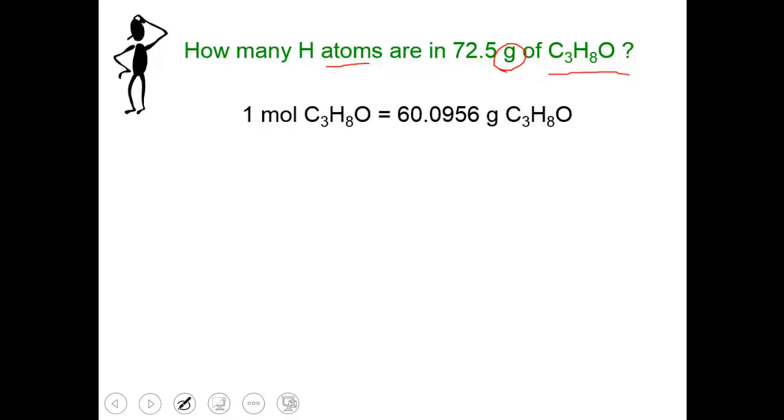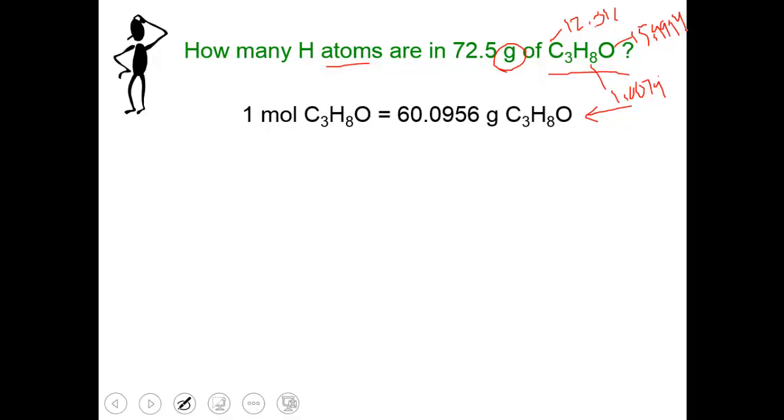Okay, so molar mass, in order to figure this out, I need to take 3 times the 12.011 for the mass of carbon on the periodic table, 8 times 1.0079 grams for the mass of hydrogen, and then 1 times the 15.9994 grams for the oxygen, and add them up.